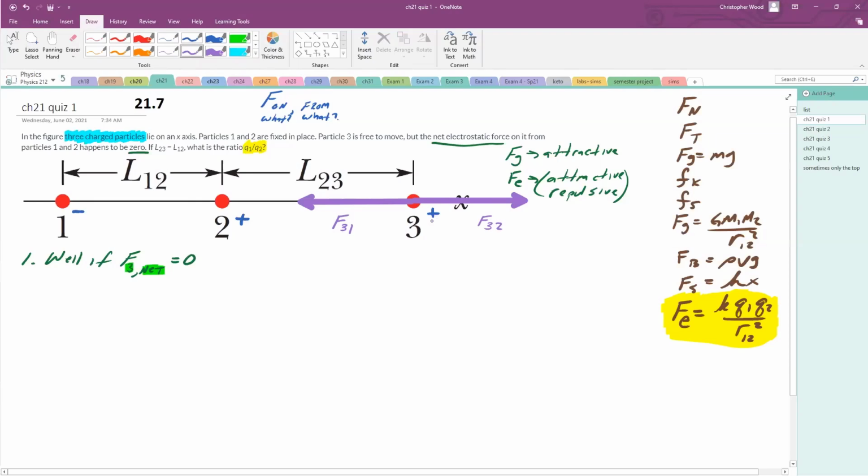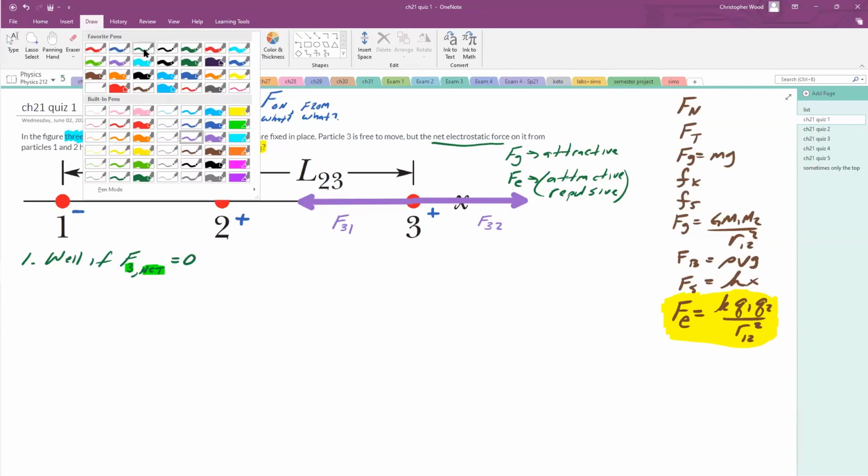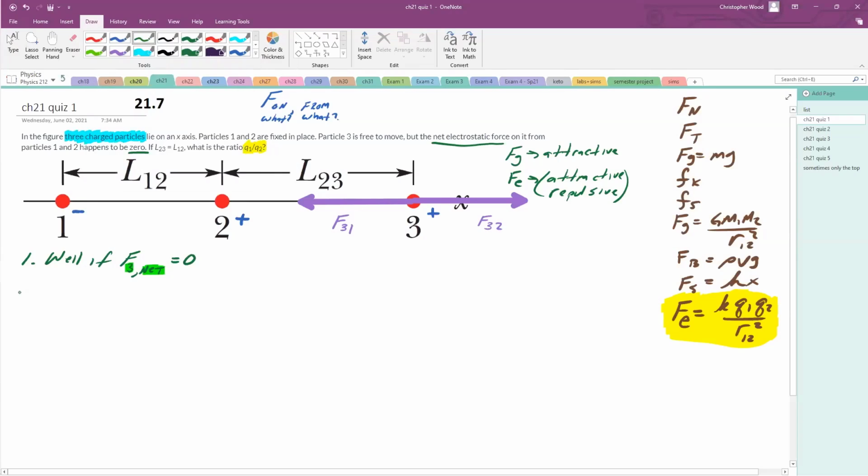You could say, well, what if I made particle 3 negative? You could do that. You could leave particle 2 positive, or change particle 2 to negative. But this is all I can do. I'm just using what I'm given, and I don't have any other specifications. So I am just going to proceed with these labels, these conventions.